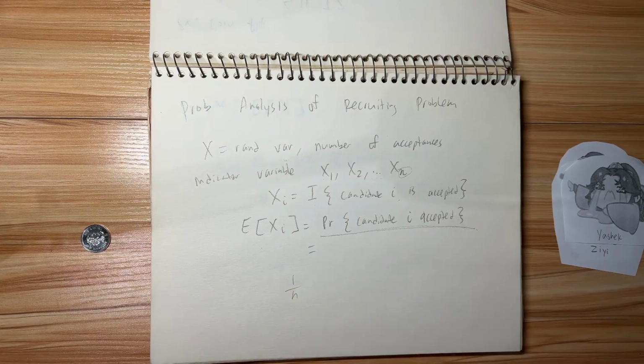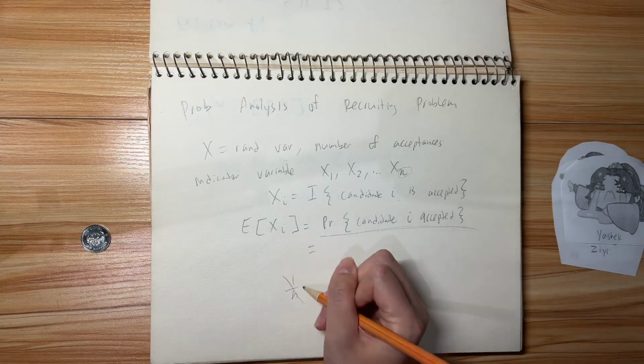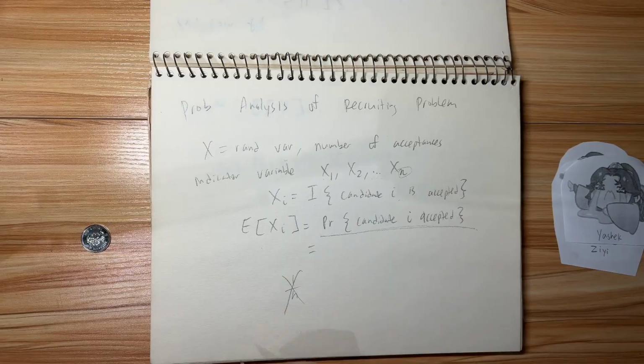My gut feeling was to say 1 over n, right? This is actually false. See, 1 over n is the probability that you keep the job, right? You stay on as the martial arts master's disciple.